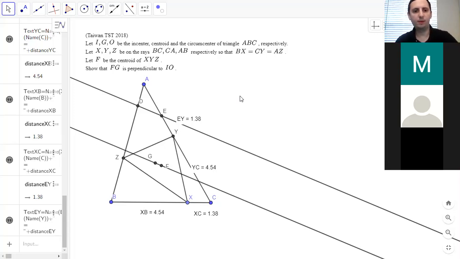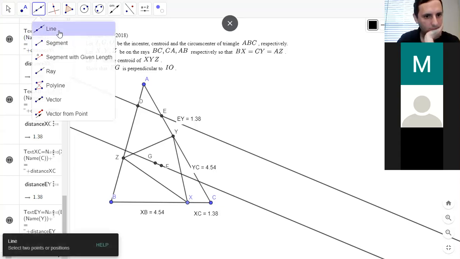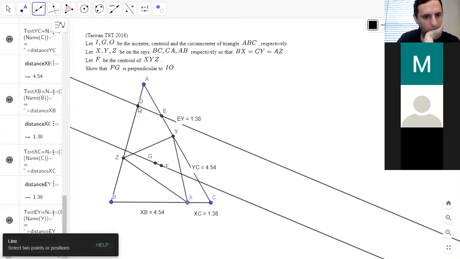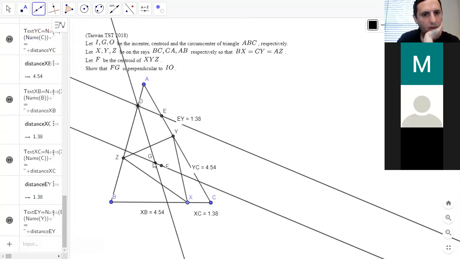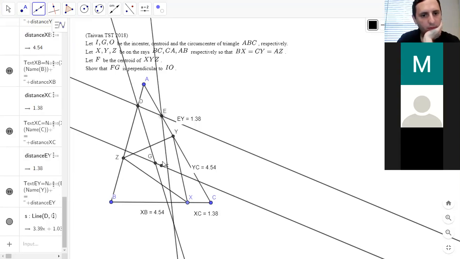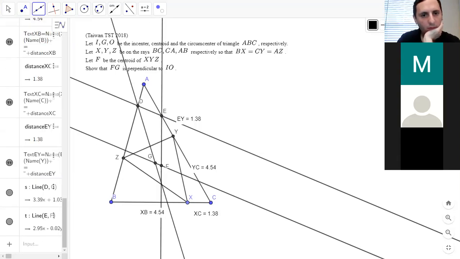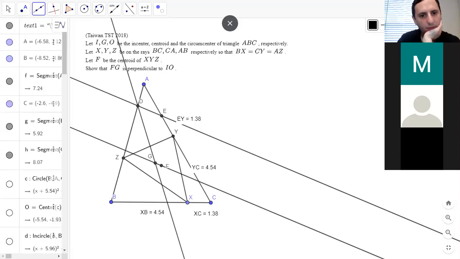So yeah, in fact, maybe it's just like, we want to show DE is parallel to FG. Is there like a homothety? Are these triangles similar? Which ones? XYZ and ABC. Let's see.